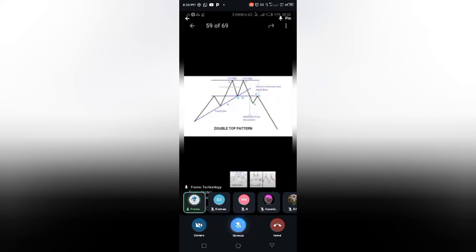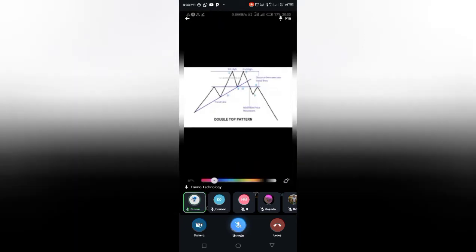So for example, in this image, the asset initially will be moving up. Then it will move to this first peak, the A. Then it will bounce back because it has hit a resistance.